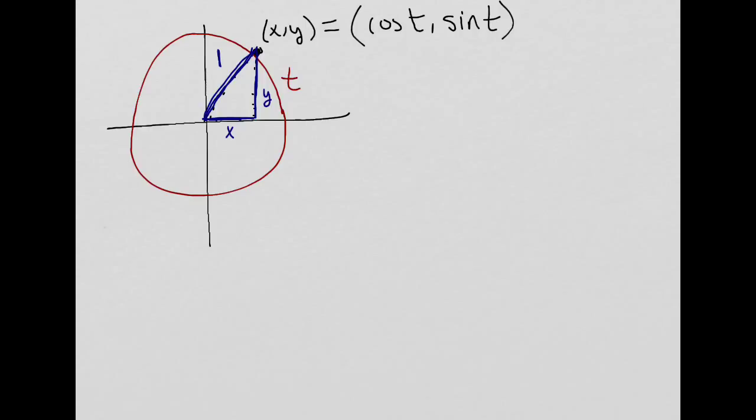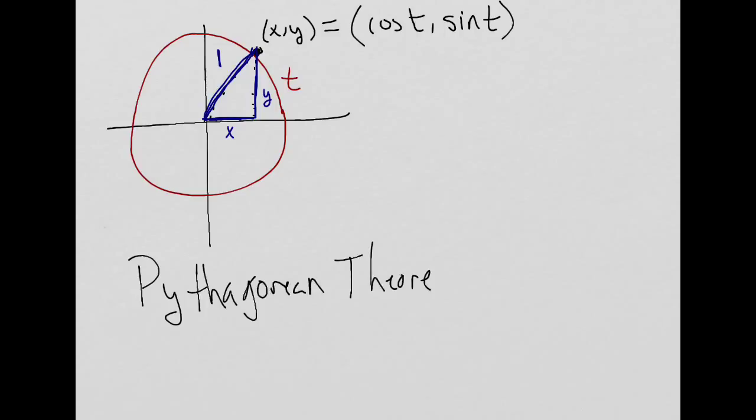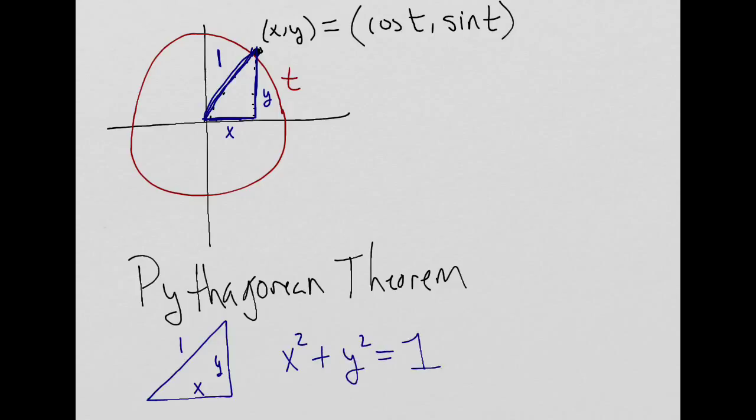So what I can do is use the Pythagorean theorem, which tells me that for this triangle, x, y, and 1, x squared plus y squared equals 1. So that comes from the Pythagorean theorem.